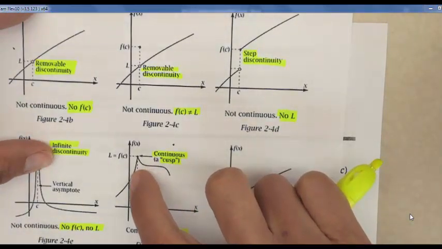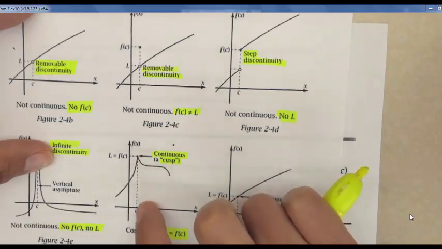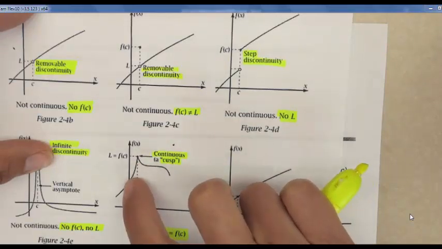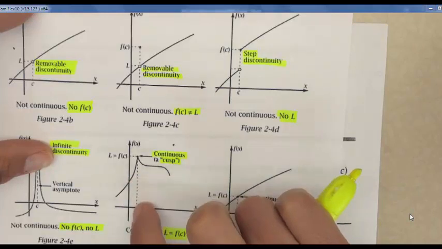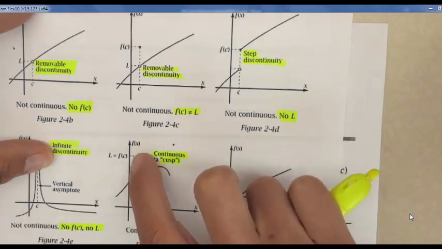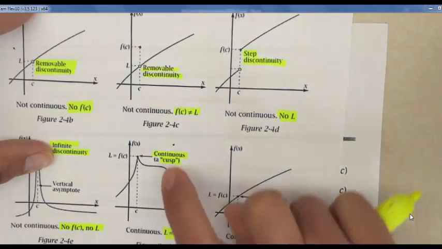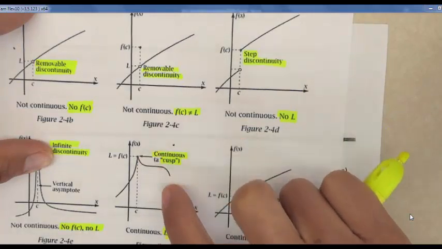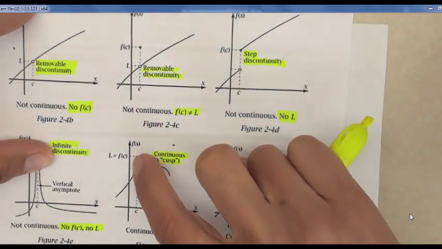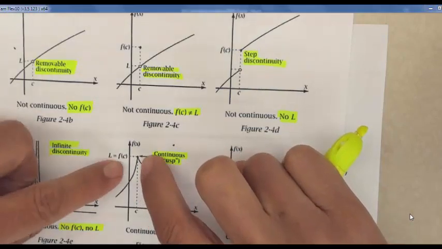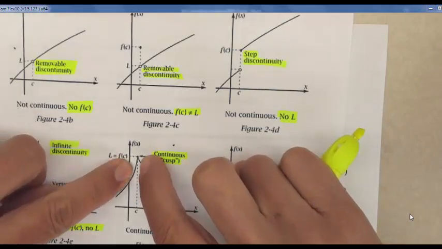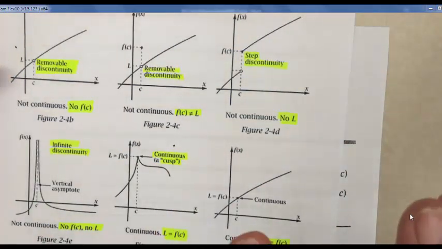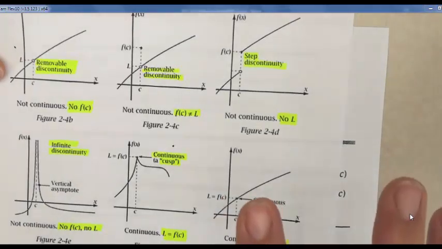The slope on this side of the cusp leading up to C, as we approach C from the left, is positive. But what is it on the right? As we approach C from the right, notice this is a negative slope. So the slopes are unequal, which means that the derivative is discontinuous.